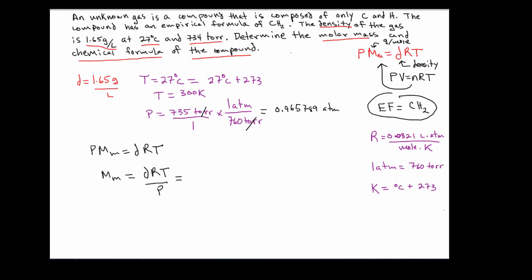So now we can go ahead and plug in our values. The density is 1.65 grams per liter. The R value, 0.0821, and I'm going to be careful not to be lazy and put in all my units. So it's going to be liters times atmosphere over mole times K. The temperature is 300 Kelvin.